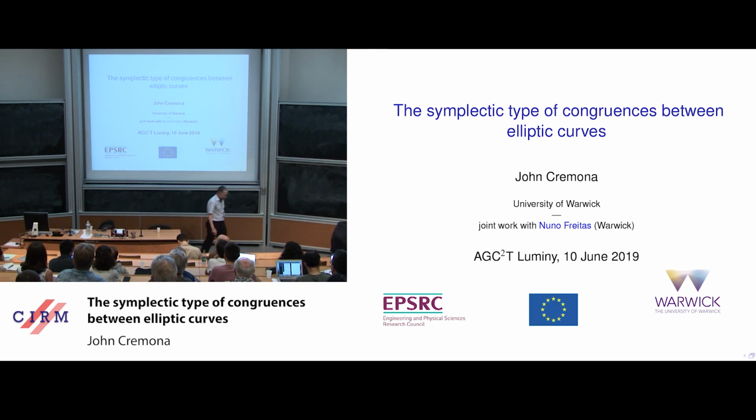Okay, so I'm going to talk about congruences between elliptic curves and their symplectic type. There are essentially two sides to the story I'm going to tell you. One is more computational and one is a little bit more theoretical.